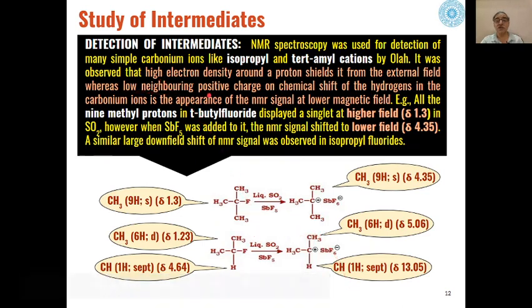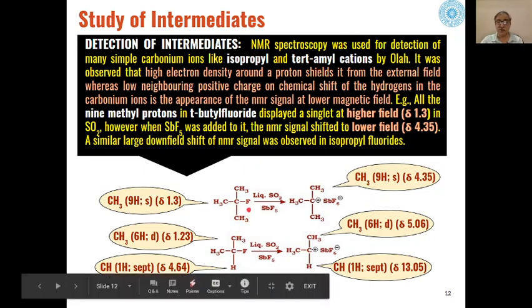So these are the examples of some use of NMR spectroscopy for detection of carbonium ions like isopropyl and tertiary amyl cations in the reactions.